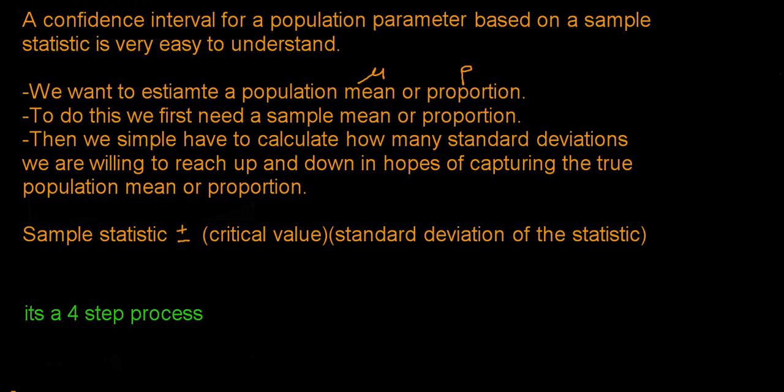Now to do this, the first thing we need is to take a sample. That's either a sample mean x bar or a sample proportion p hat. Then we simply have to calculate how many standard deviations we are willing to reach up and down in hopes of capturing the true population mean or proportion.